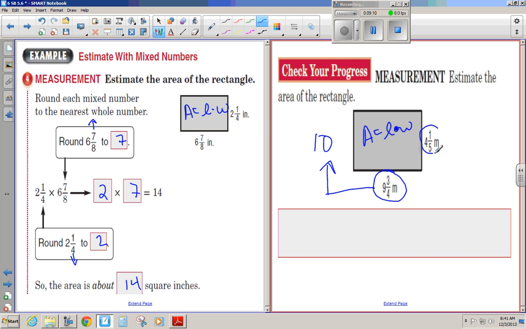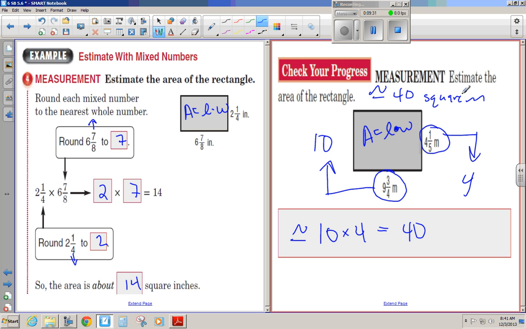And 4 and 1/5, we should round down to 4. So my approximate area is 10 times 4, so 40. So my area is approximately 40 square meters.